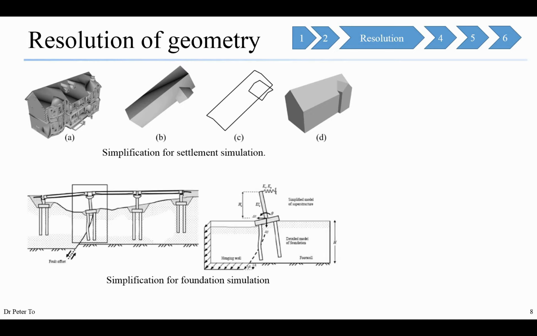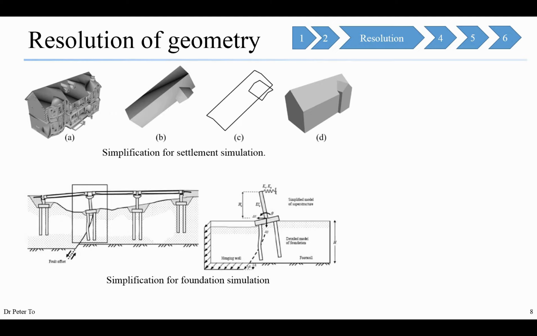It is risky, but at the current moment, it is acceptable in engineering because we cannot simulate too many elements at the same time. Maybe in the future, with new types of computers, we can overcome this obstacle. Here is another example of simplification. A complicated building can be simplified to a flat building.